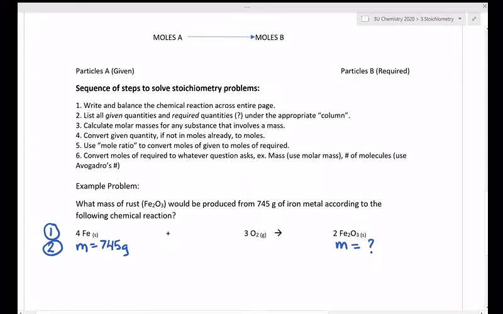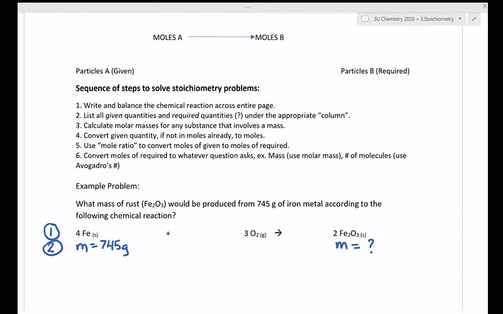Now, because a balanced equation is really saying 4 moles of iron plus 3 moles of oxygen are going to make 2 moles of iron oxide, everything is in moles in a balanced equation. So we are going to have to get this stuff turned into moles. And of course, to do that, we're going to do step 3, calculate the molar masses of any substances that involve a mass.